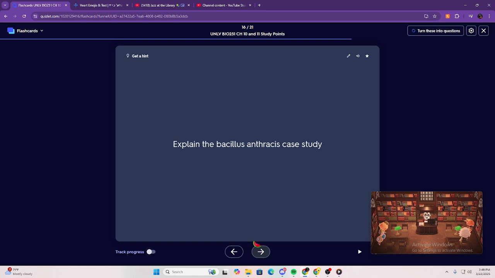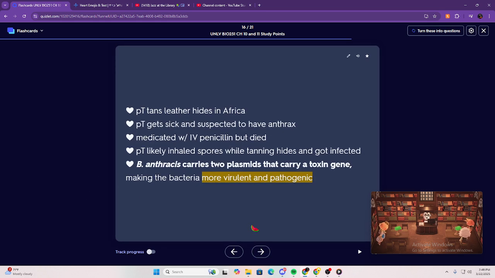Explain the Bacillus anthracis case study. Basically, a patient tans leather hides in Africa, and the patient gets sick and is suspected to have anthrax. They're medicated with IV penicillin but died. The patient likely inhaled endospores, because when you tan hides, endospores are released, and the patient inhaled them, got sick, and died.